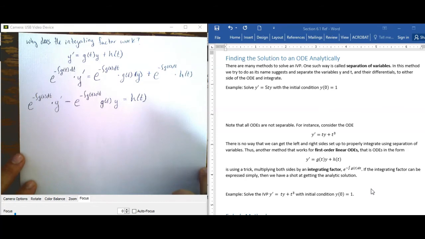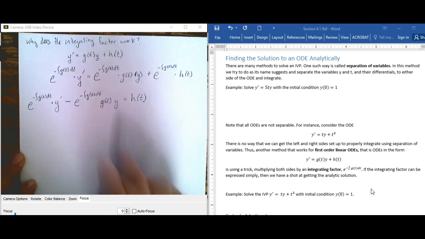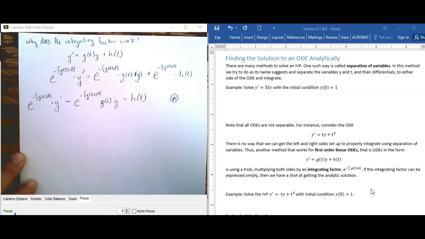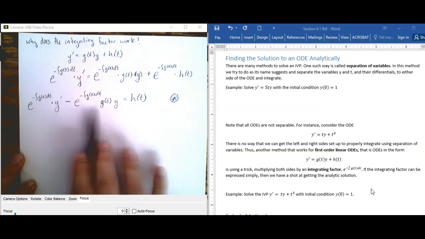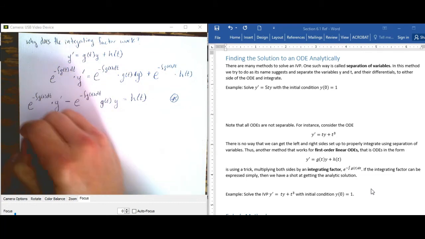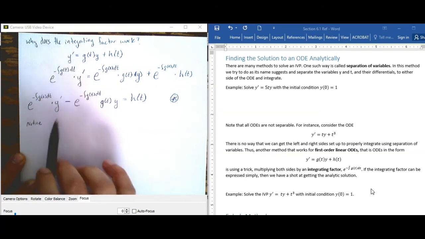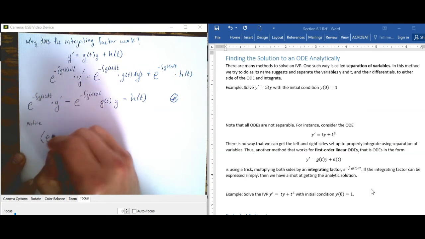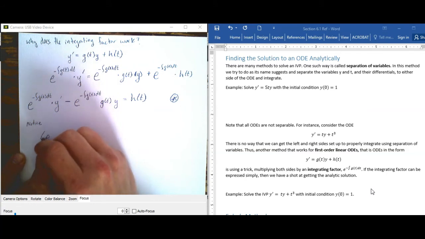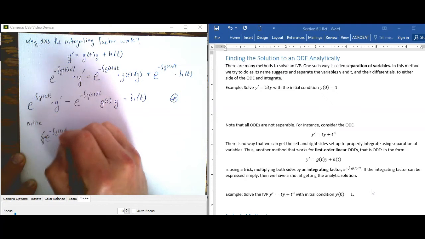Now, here's the trick. This is the reason why it works. If you notice on this side, let's call this star. On the left-hand side of star here, we have a particular form. So notice that the derivative of, let's say, y times e to the negative integral g of t dt.